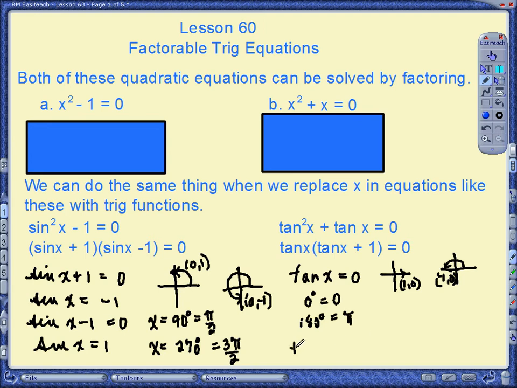Now, if tan x plus 1 equals 0, we're going to have tangent of x equal to -1. And if the tangent of x equals -1, that means that we are either in the second quadrant here or the fourth quadrant.